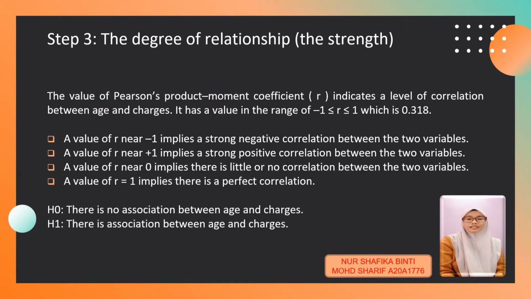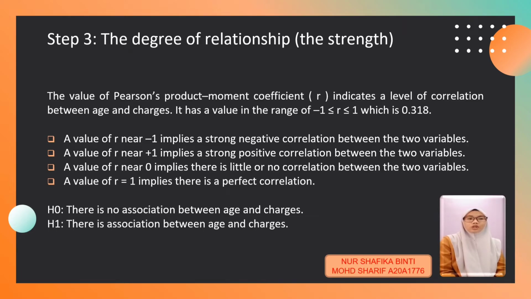Step 3. The degree of relationship to straight. The value of Pearson product moment correlation indicates the level of correlation between age and charge. It has a value in the range of -1 to 1, which is 0.318. First, a value of R equal to -1 indicates a strong negative correlation between the two variables.